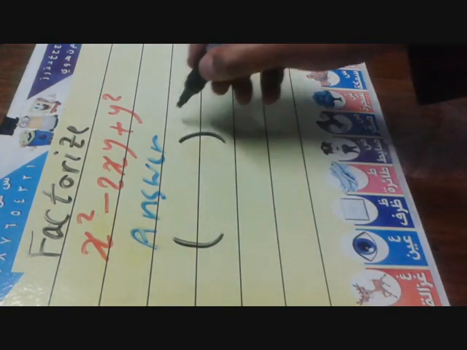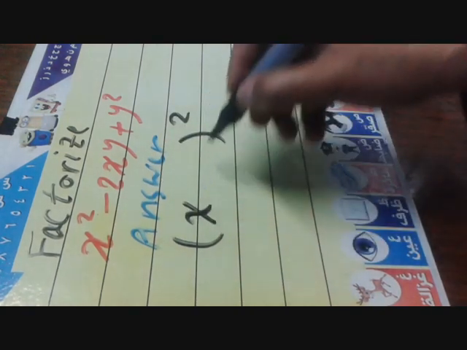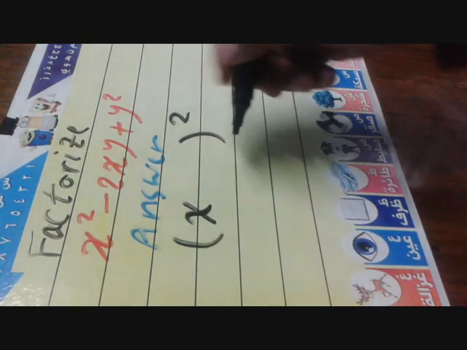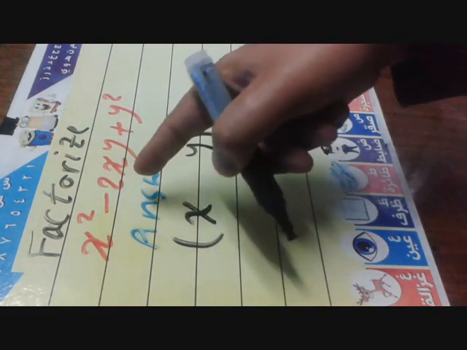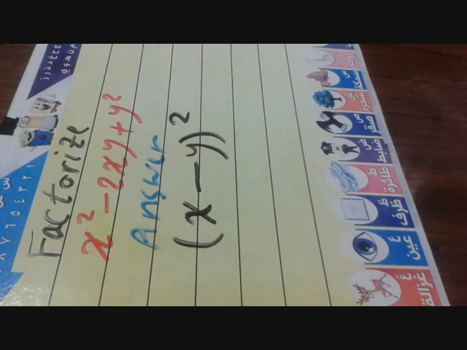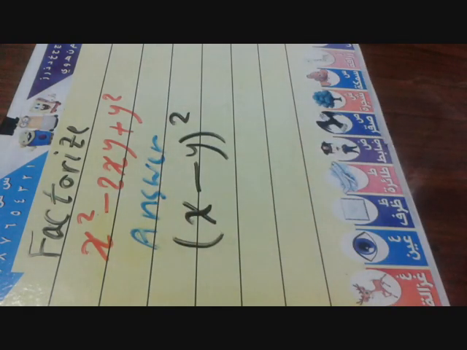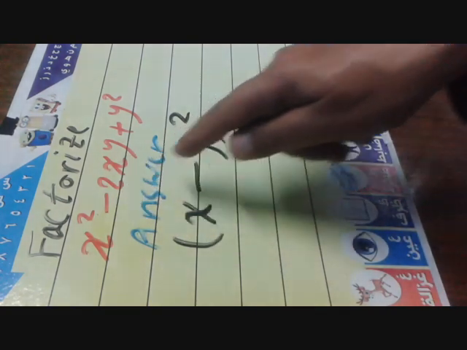Bracket, square, the root of x squared is x, the root of y squared is y, negative here because it's a complete square. This sign, put it here.